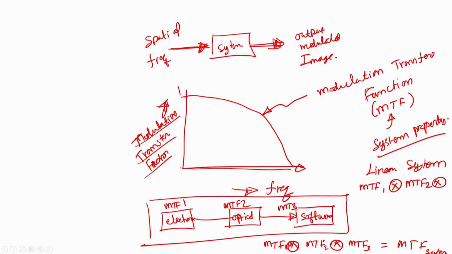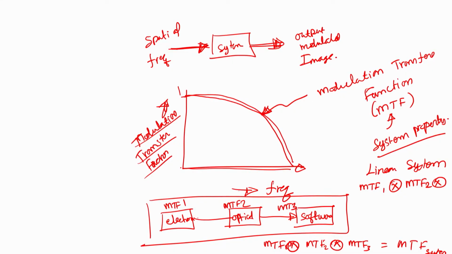Right. So, this system MTF, let us say we have somehow found out from some test for our virtual reality headset. Now, as long as MTF is concerned, there is no perception involved in it. The perception will come into the picture when contrast sensitivity is involved.